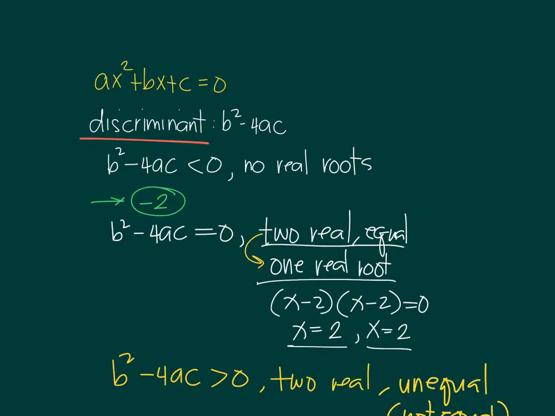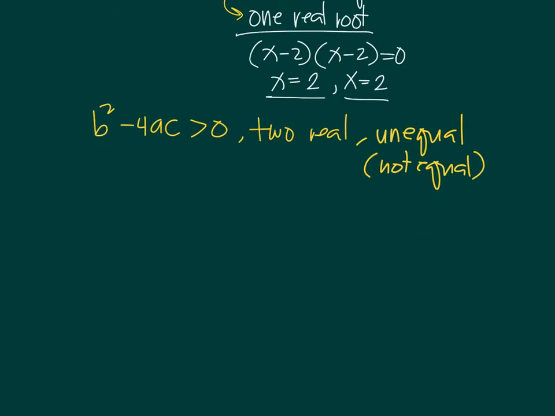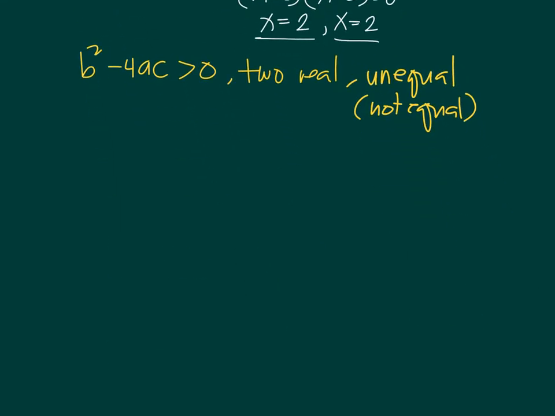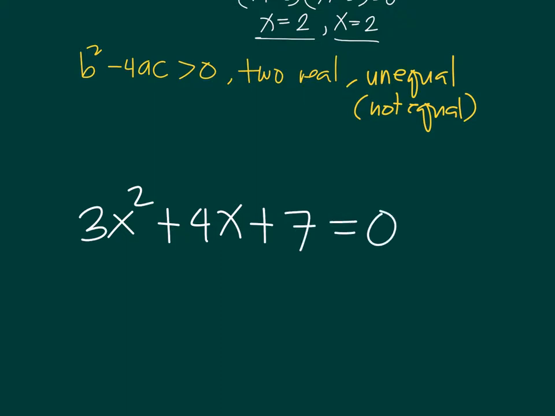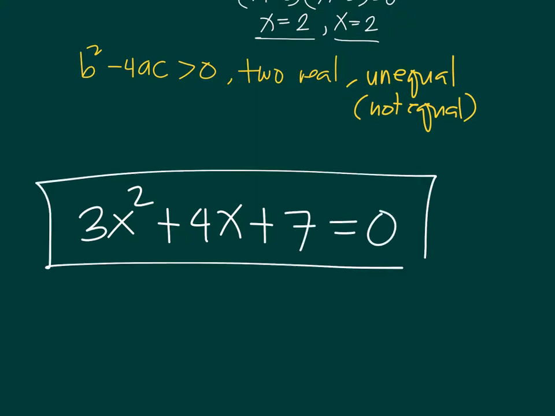Okay, so let's take an unusual equation. If we are given an equation of the form, say, 3x squared plus 4x plus 7 equal to 0, this is in the form of ax squared plus bx plus c equal to 0.